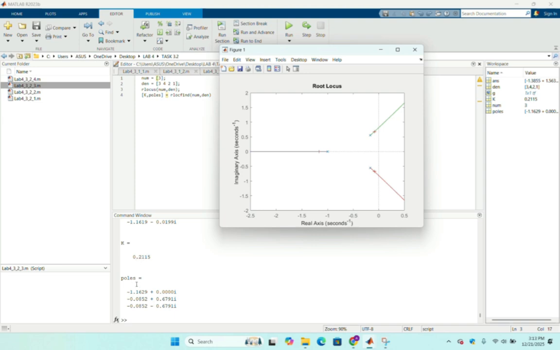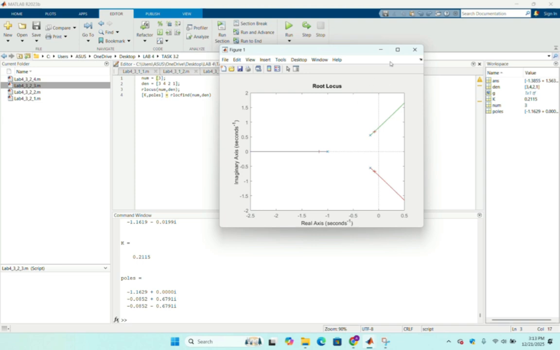I have 3 poles: negative 1.1629 plus 0.0000i, negative 0.0852 plus 0.6791i, and the third is the same but with a minus sign.